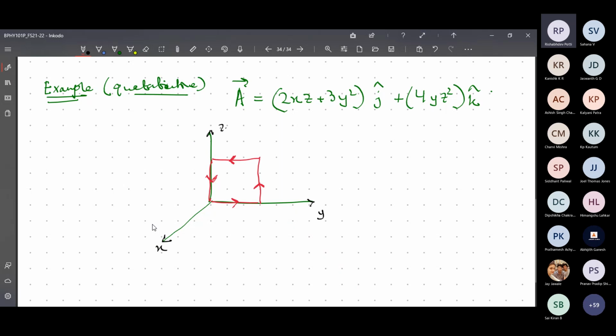What I am going to do is compute, sorry, I am writing the wrong thing, extremely sorry. I am going to write the curl of this vector field over the surface.